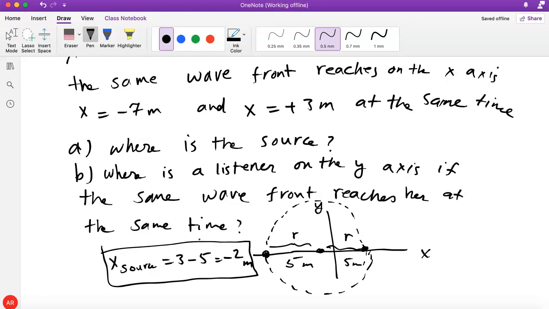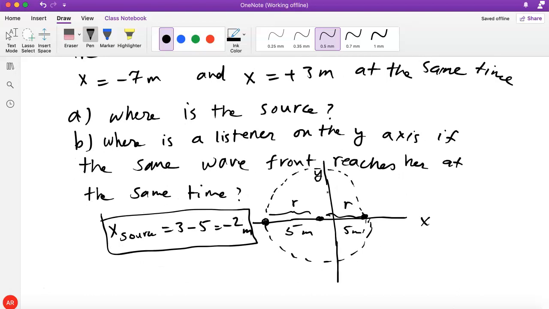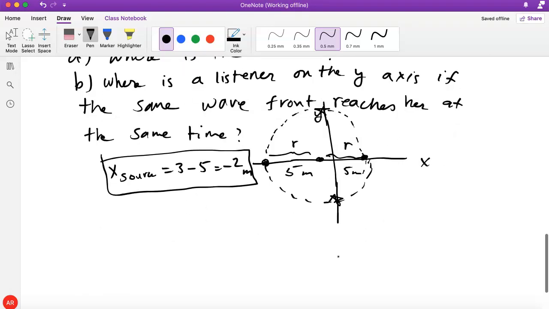And then having this geometric picture again makes it easy to find where this third listener is on the y-axis. Well, there are 2 points on the y-axis, here and here, where this circular wavefront hits the y-axis. Okay, so how do we find the distance?